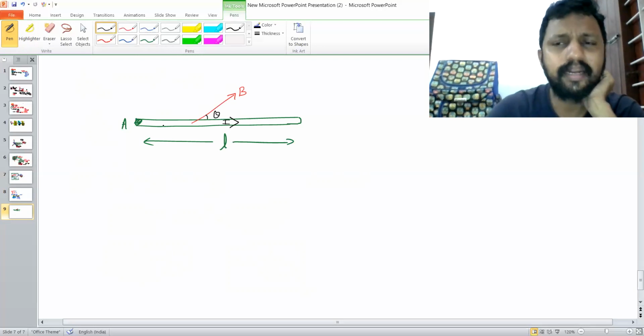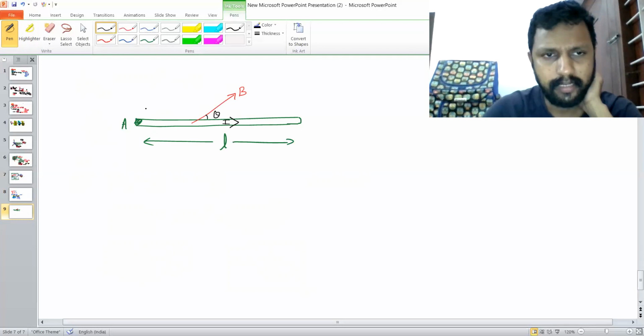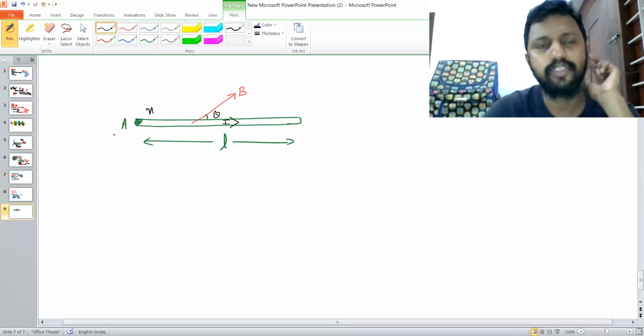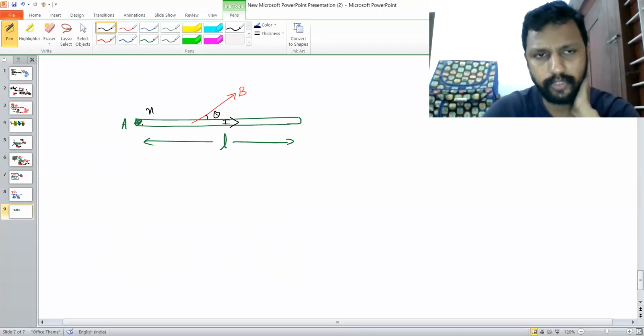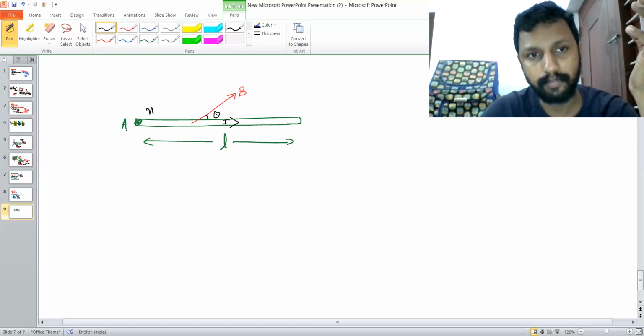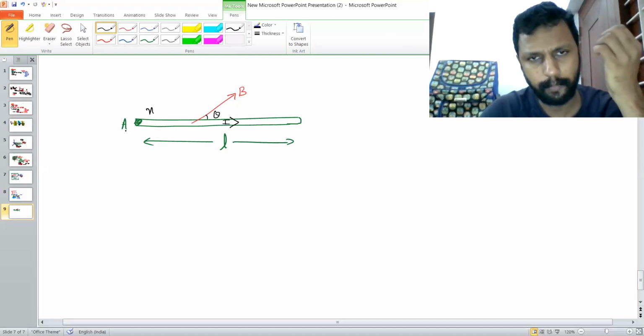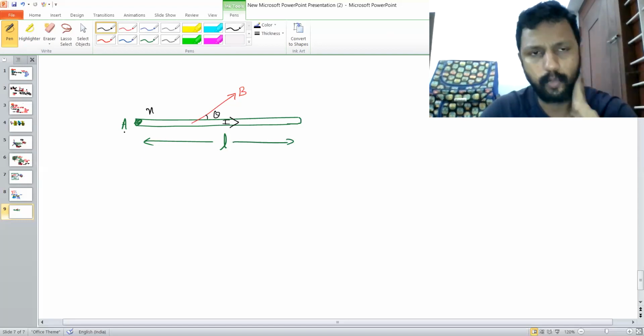The current carrying conductor consists of free electrons, and the free electron density of the conductor is small n. What was free electron density? We have learned free electron density in our current electricity chapter. It was the number of free electrons in a unit volume.